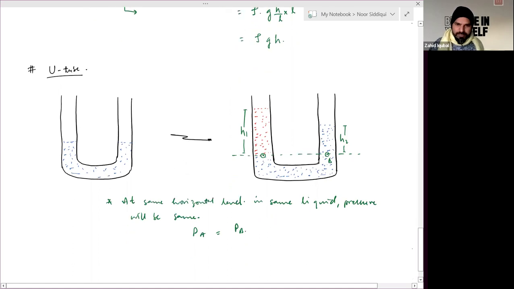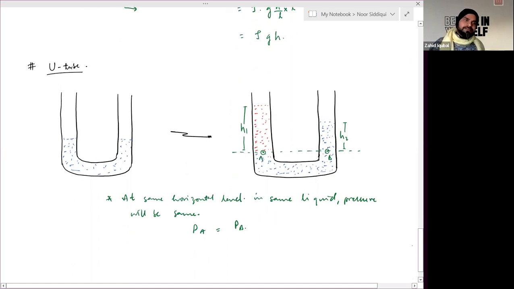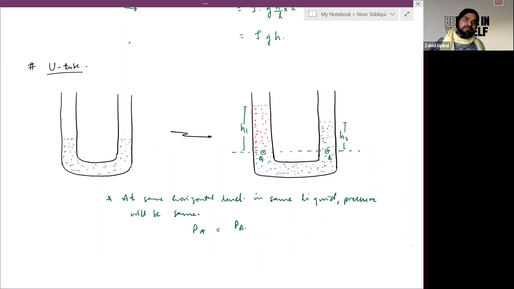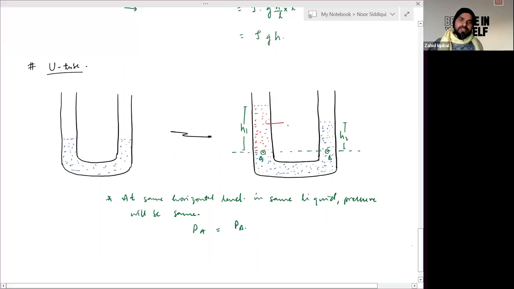So for this part A, there is a column. Let's say the density of this liquid is ρ1 and this liquid is ρ2. At point A, there will be atmospheric pressure above it plus pressure due to the column of this liquid, ρ1 g H1, and similarly towards the second arm there will be pressure due to air plus ρ2 g H2.